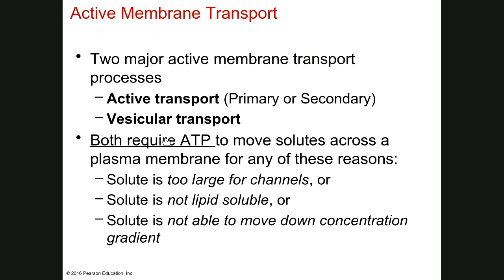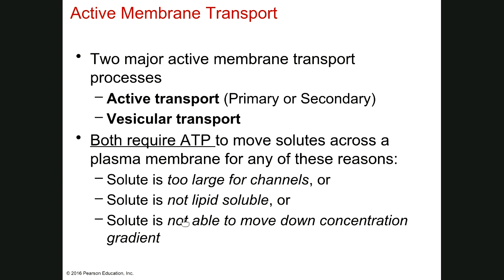The structures involved in active transport and vesicular transport are going to be transporting things that maybe are too large to fit through channels, or something that is not lipid soluble and can't get through the membrane by itself.